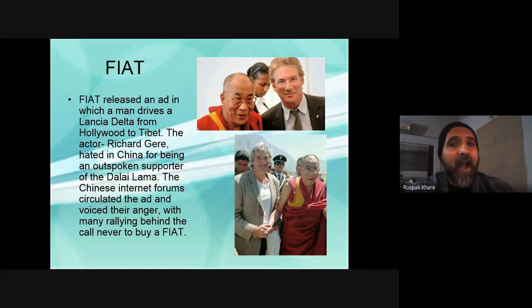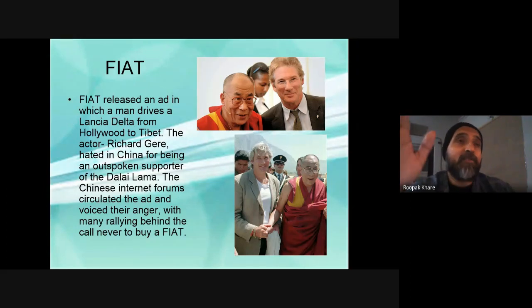Richard Gere was hired as the model for the advertisement. Now Richard Gere was not loved in China. Why? Because Richard has been supporting the Dalai Lama. Who is the Dalai Lama? The Dalai Lama is the religious teacher, preacher, or guru of Tibet.